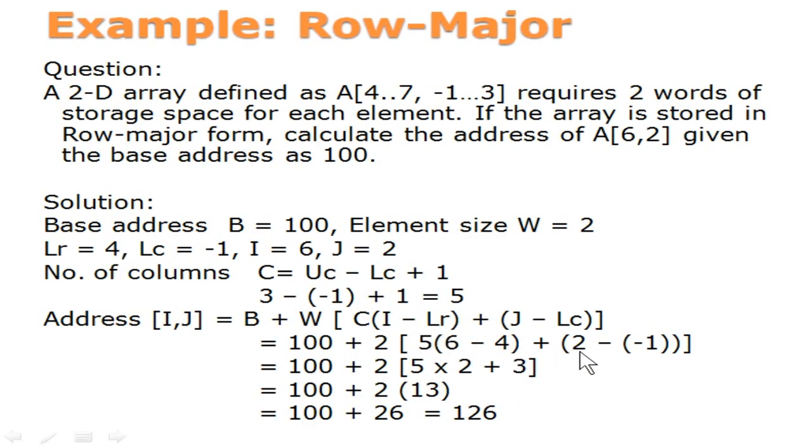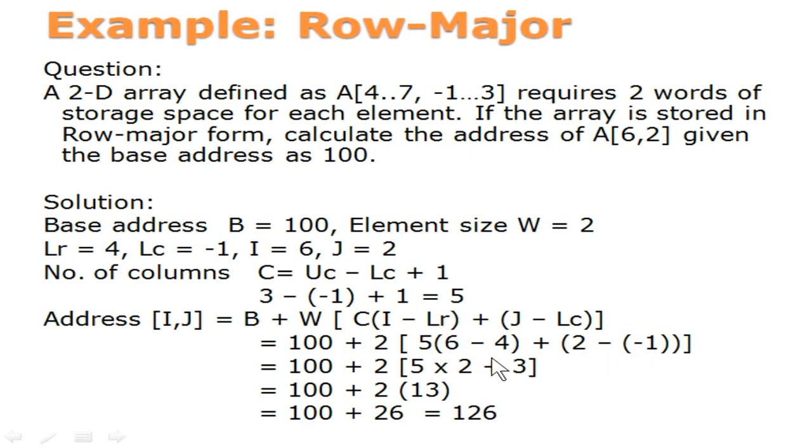Then plus the J value 2 minus LC, which is minus 1. So this is the substitution. Once you do the substitution, whatever is given in the inner bracket has to be calculated first. So 6 minus 4 is 2. So 5 into 2 plus 2 minus minus 1. Minus into minus becomes plus. So 2 plus 1 becomes 3. That is what you got inside the parenthesis.